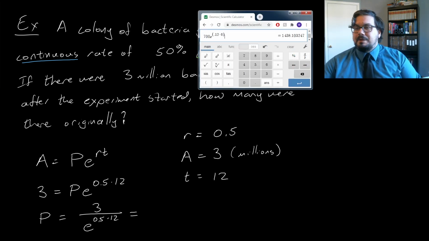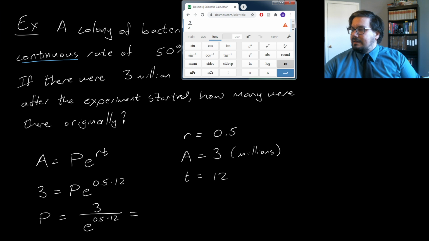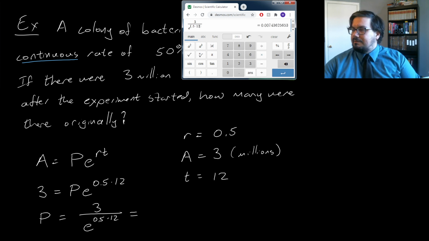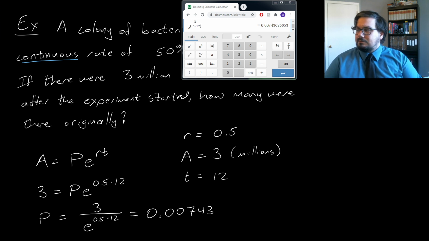Now this we can do in the calculator. And so we have that P is equal to 3 divided by e raised to the 0.5 times 12. And what we get is that there were 0.00743, or, let me round it.